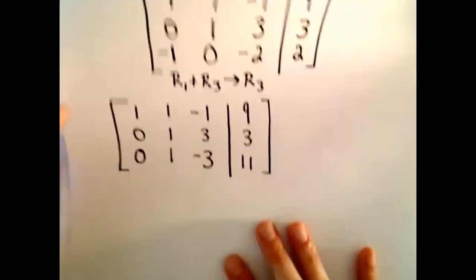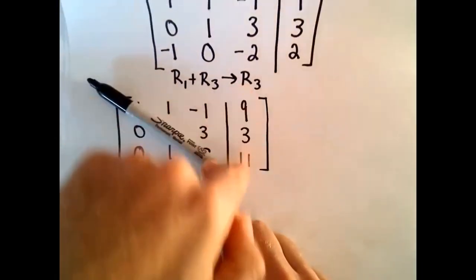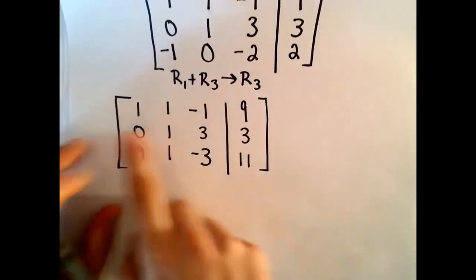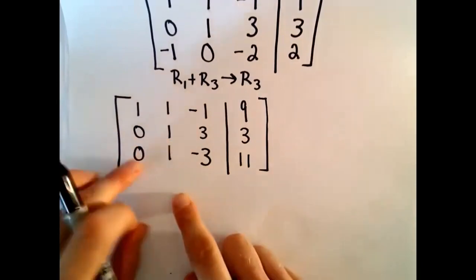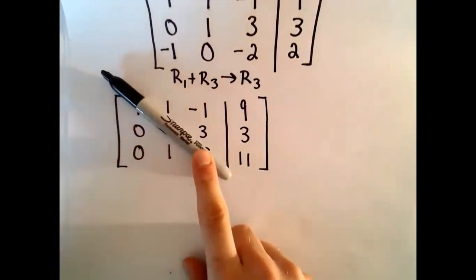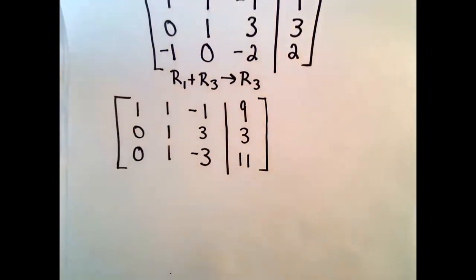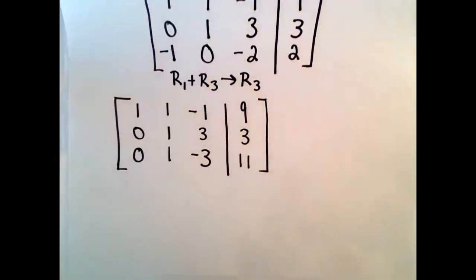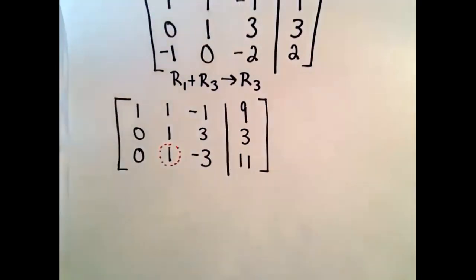Again, we want ones along the diagonal, forgetting about the column with the constants. We do have a 1 in our second row, second column, so that's good. We said we wanted zeros everywhere below that diagonal, so I need to change the entry in the third row, second column into a 0 as well.